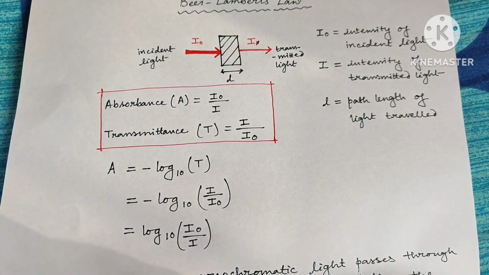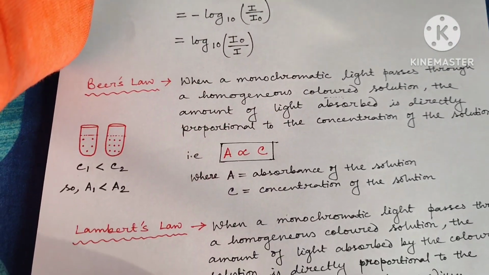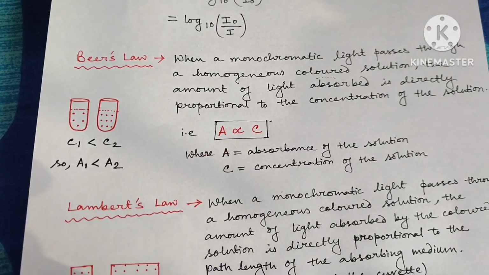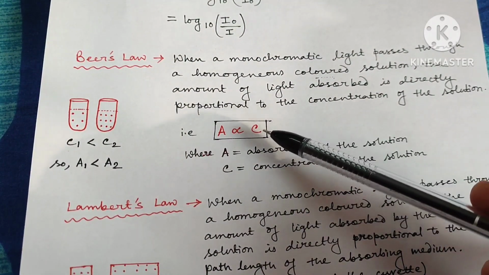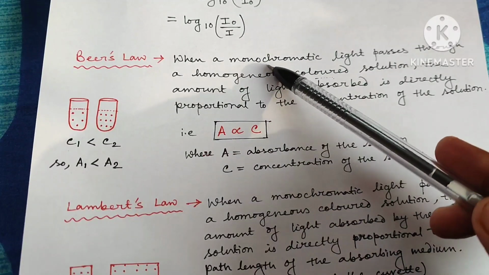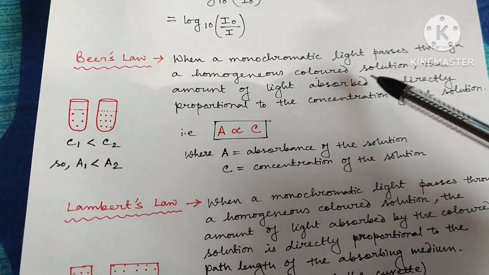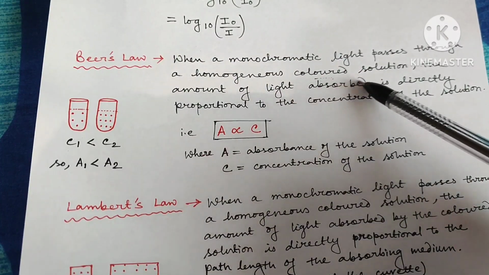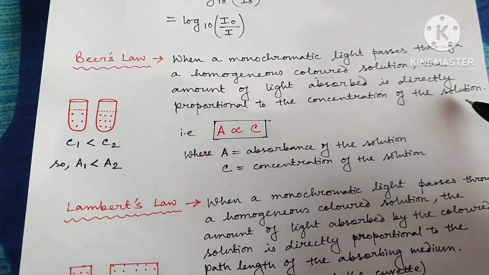Now coming to the main part, the Beer-Lambert's Law. Beer's law deals with the concentration of your absorbing medium. It says that whenever any monochromatic light passes through any homogeneous colored solution, that is your absorbing medium, the amount of light absorbed is directly proportional to the concentration of the solution.